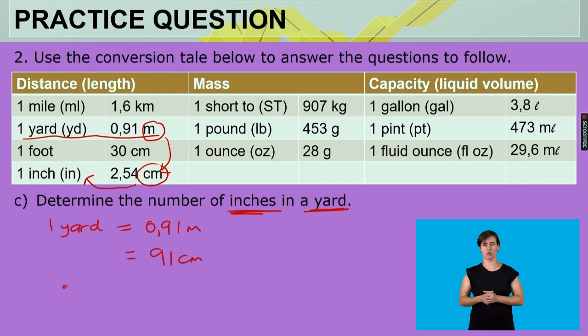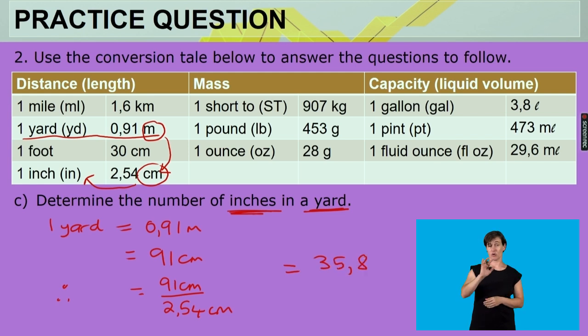So I'll take my 91 centimeters and divide that by 2.54 centimeters. That will take us to 35.82, and this now will be inches. Guys, are we clear on that?